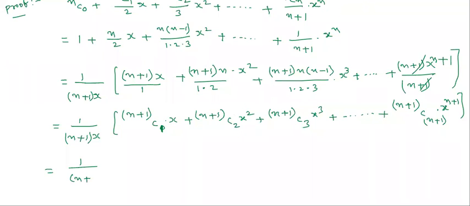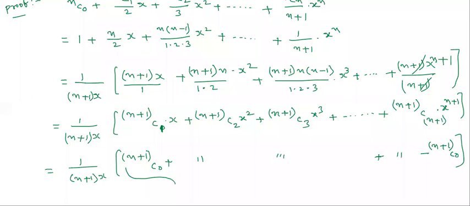Now see 1 by n plus 1 into x into, add the term n plus 1 C0 plus the remaining terms the same as before, the last term also the same. Now minus n plus 1 C0, adding and subtracting n plus 1 C0.